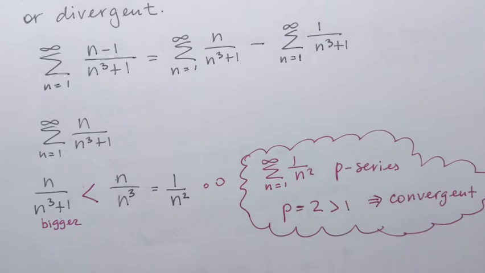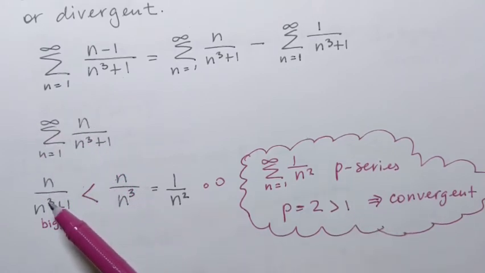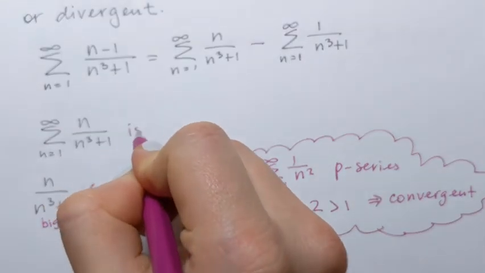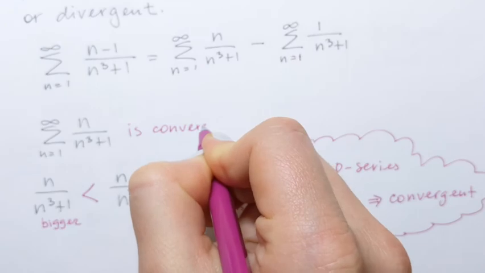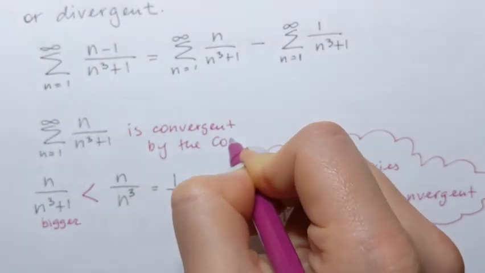That kind of guarantees that if I add up smaller terms, then that should also be a finite sum, right? I shouldn't end up with infinity. So if a series with larger terms is convergent, then a series with smaller terms should be convergent as well. So this one is convergent by the comparison test.